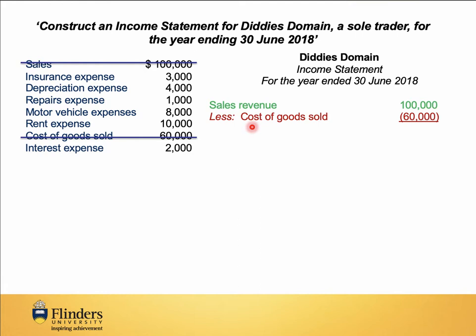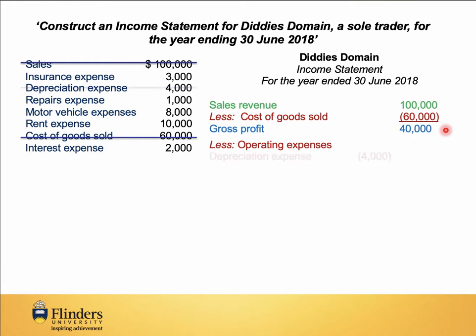So coming back to the income statement, we have the sales revenue minus cost of goods sold. See how we have put this in brackets. This gives us the gross profit, which is 40,000, minus operating expenses, which would include all of the other expenses.